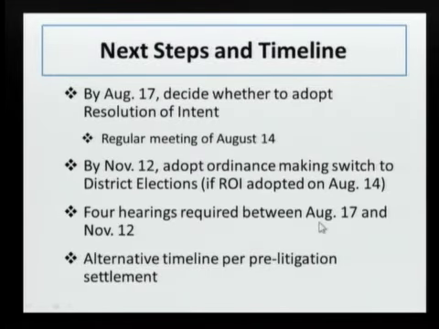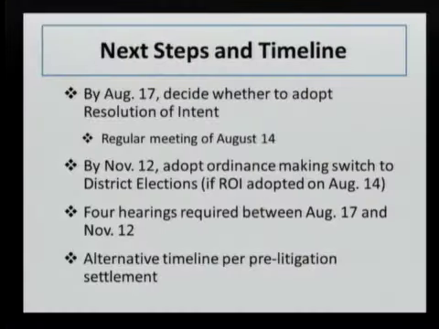In terms of next steps, then, as Dylan indicated, by August 17th, your council is going to need to decide whether it adopts a resolution of intent or not. We have a regular meeting scheduled for August 14th, so our intention is to schedule that matter at that time, pending your council's direction otherwise.